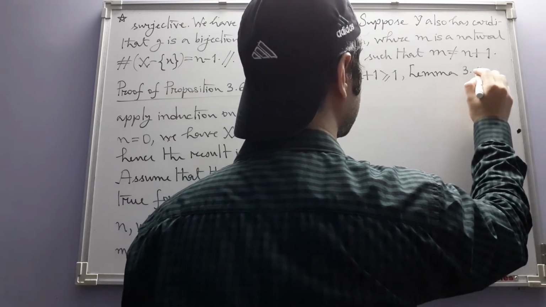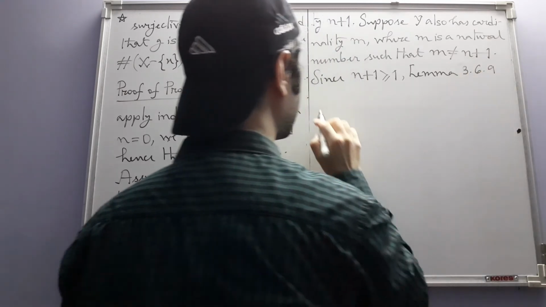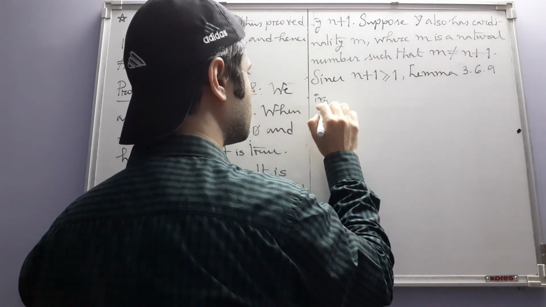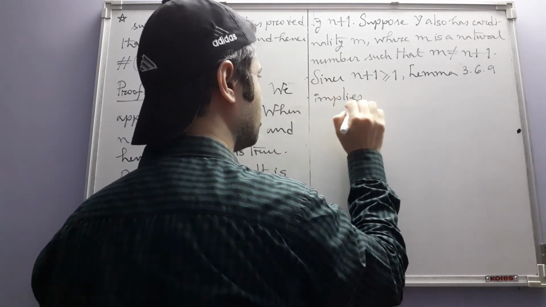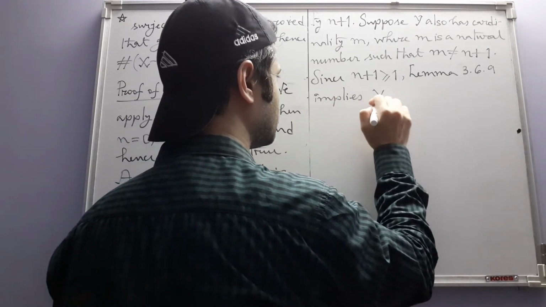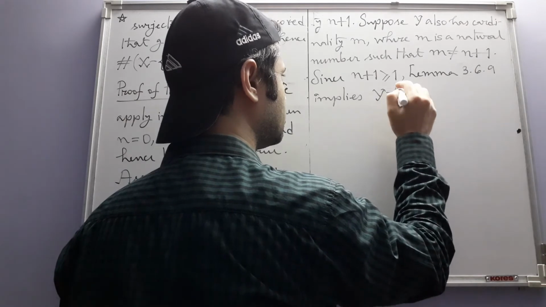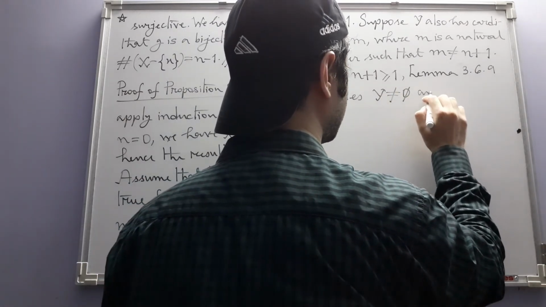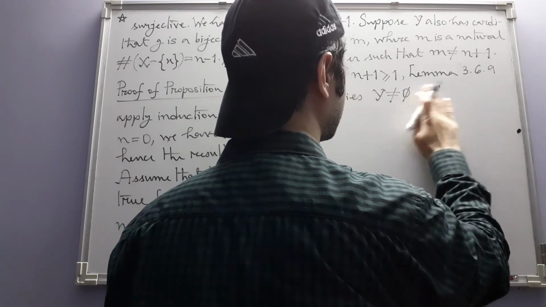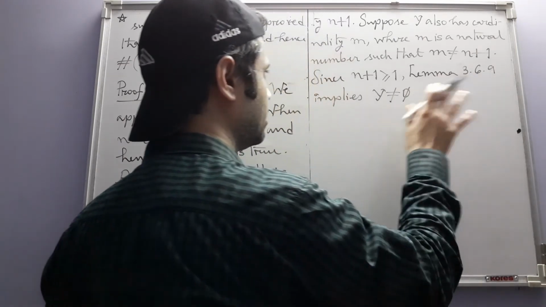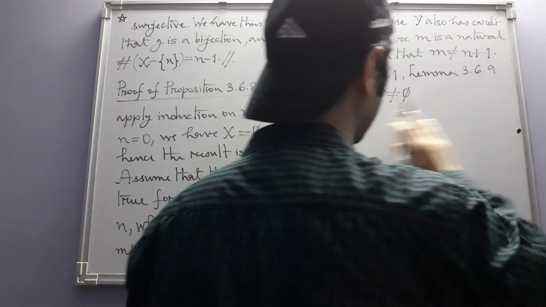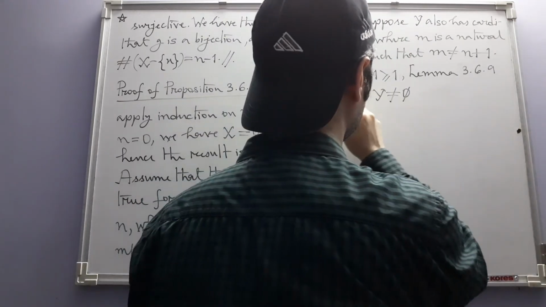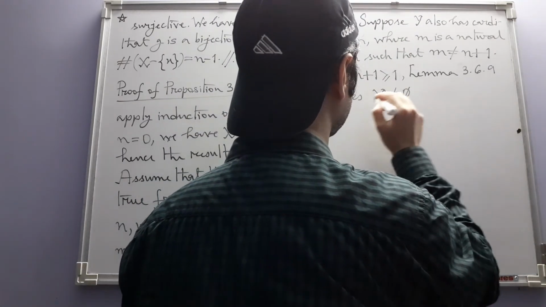lemma 369 implies Y is non-empty. Let's just use 2 lines.